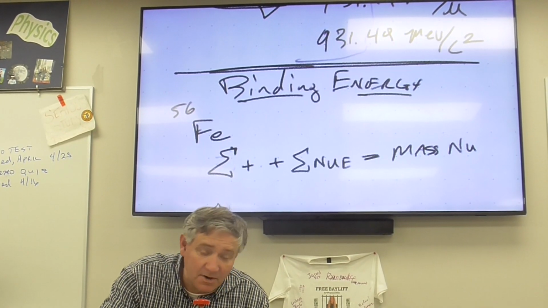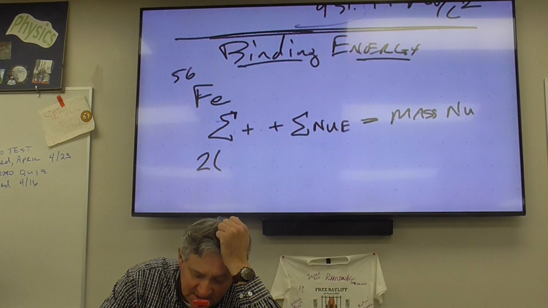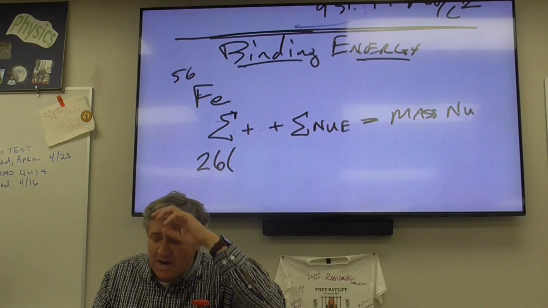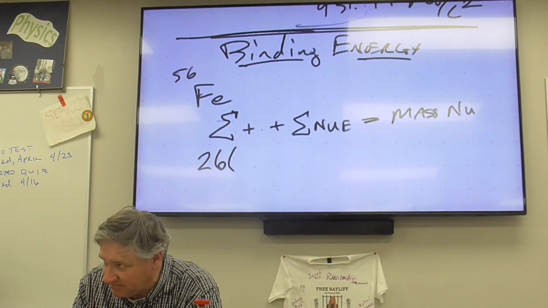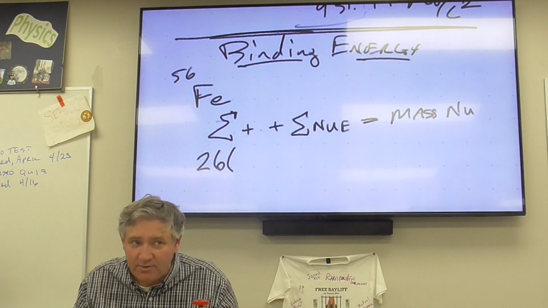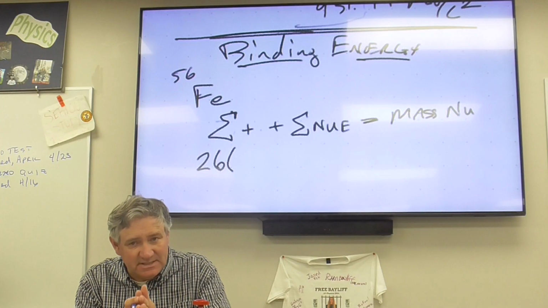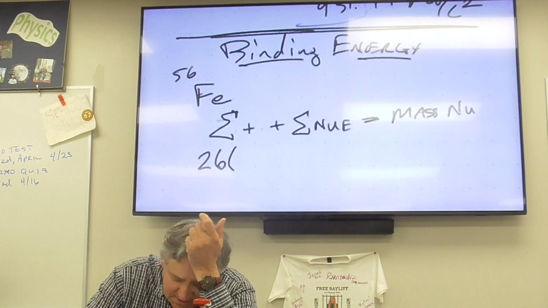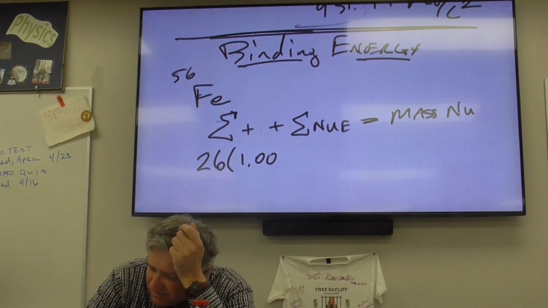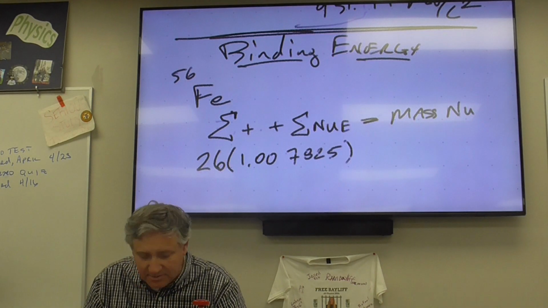So for the number of protons, you're going to take 26 times the exact mass of the protons. You just can't use 1, or you're just going to get 0 as your answer. You have to use these exact values. So the proton is 1.007825, and there's 26 of those.